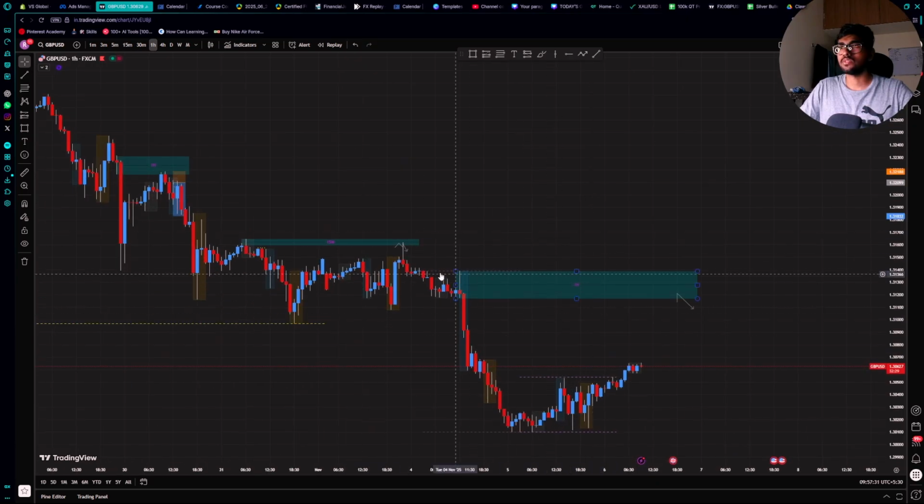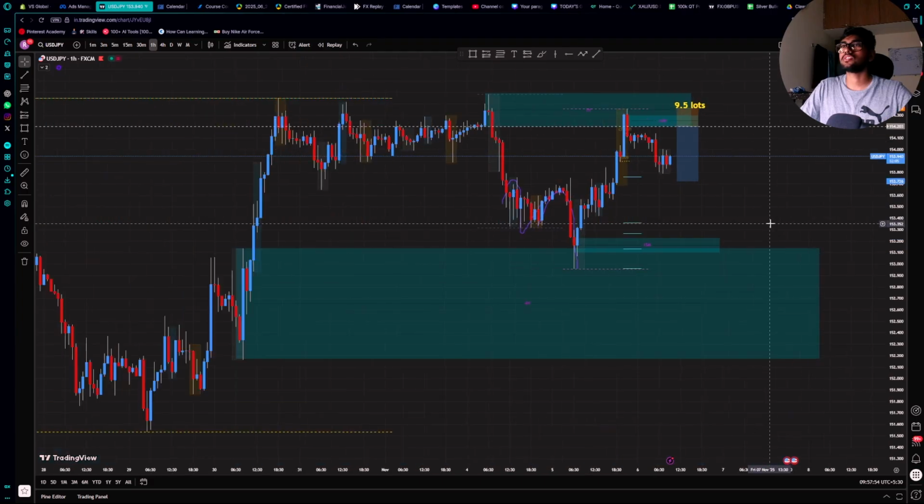So this would be it, right? I'm assuming if there's very good liquidity, then we can try to enter from this region. All this liquidity could be grabbed, and we have the previous day's low as well. Now that is for GBP.